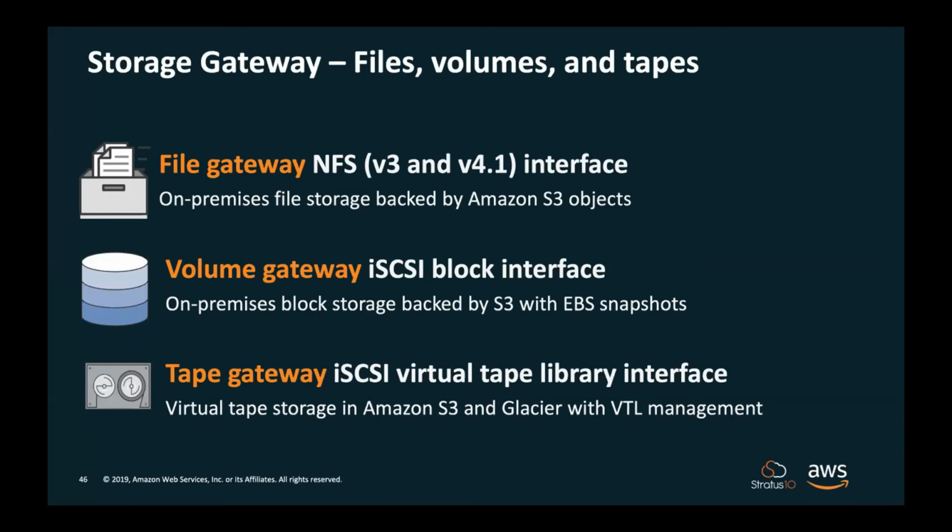Or the Tape Gateway, which is an iSCSI virtual tape library interface, giving you that VTL management interface, but instead of pointing to a real tape, it points to a virtual tape, and your backup system doesn't realize the difference. This saves you some tape costs and potentially some offsite storage archival management nightmares.